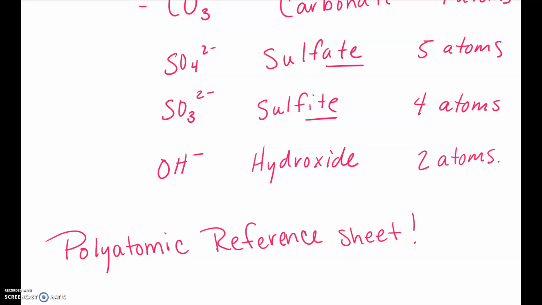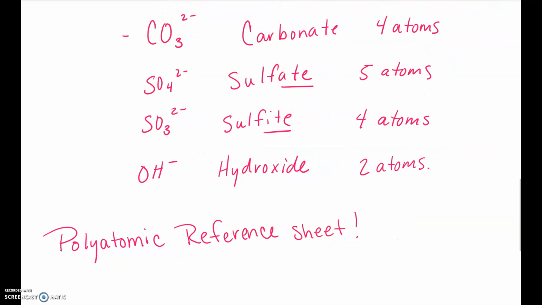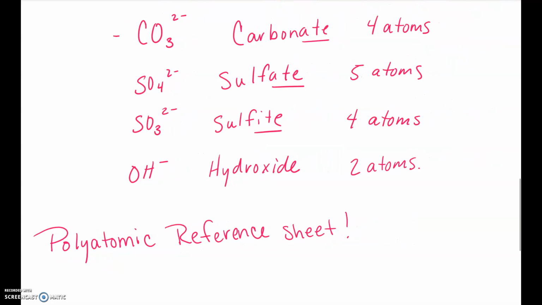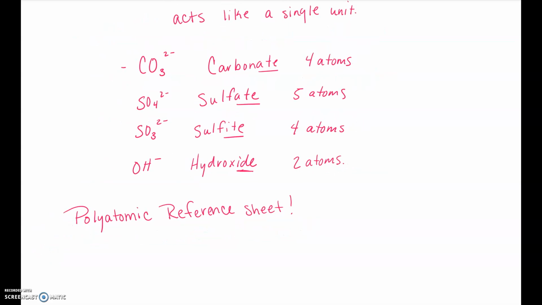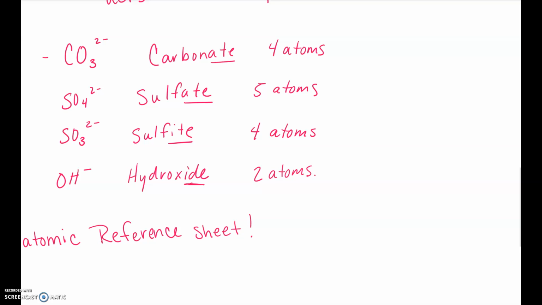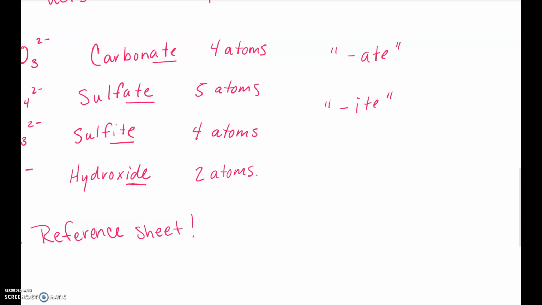That you need to have to help you reference polyatomic ions. One last note about polyatomic ions. Notice that most of them, not all of them obviously, but most of them end with either an ate or an ite ending.